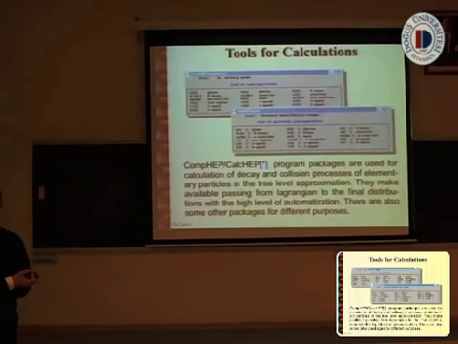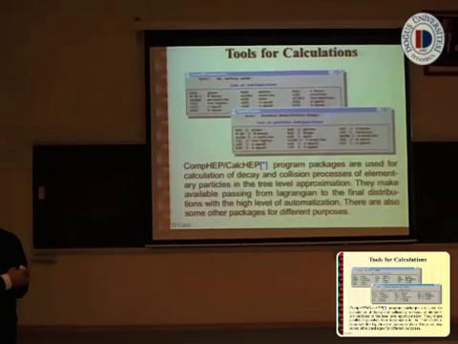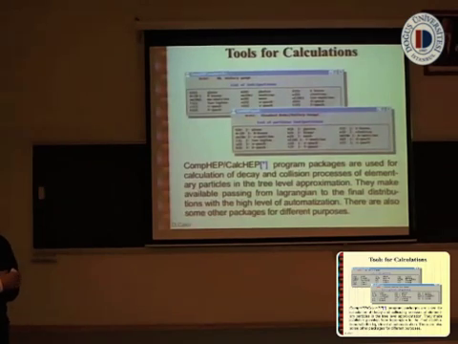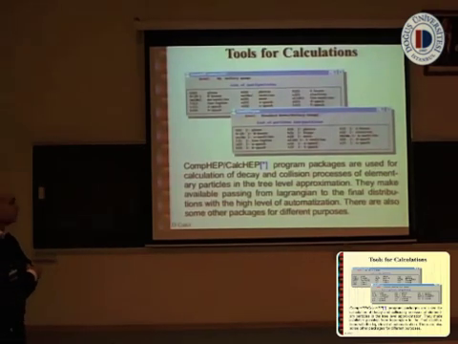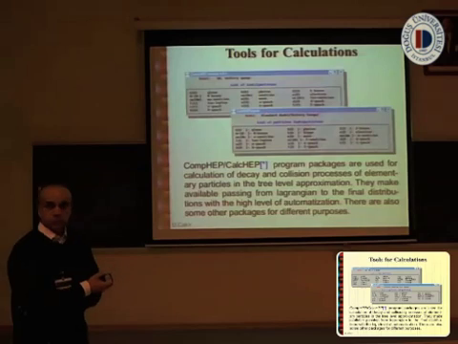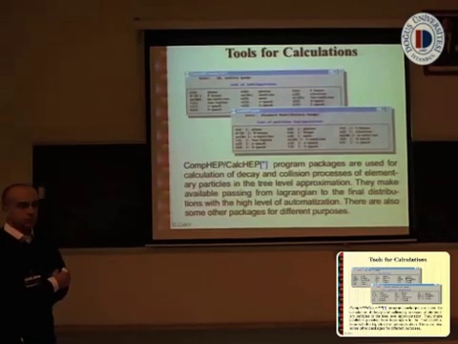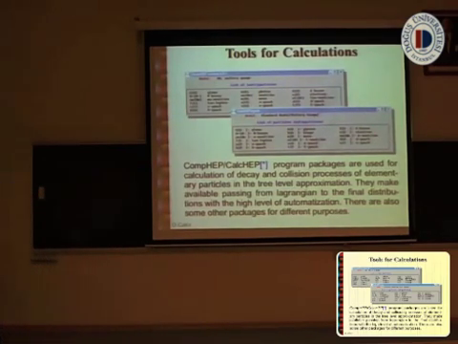At tree level, if you know the vertices of the interaction, then you can calculate the matrix element and other quantities. There are some tools to calculate these things in a quick and efficient way.